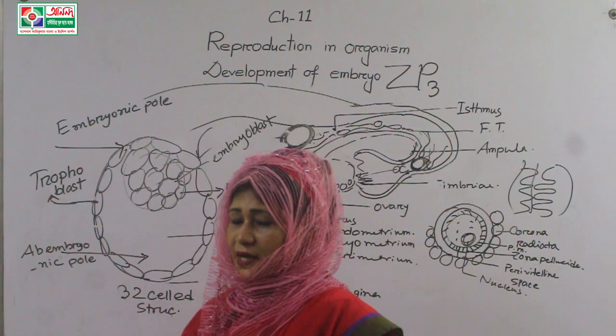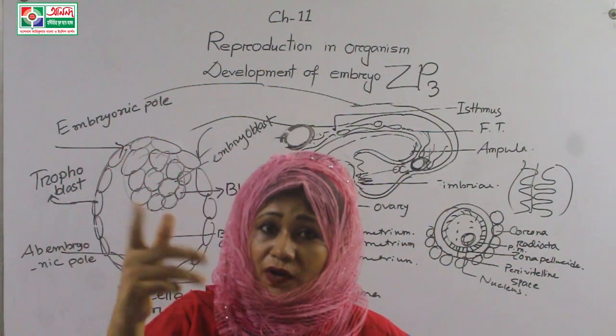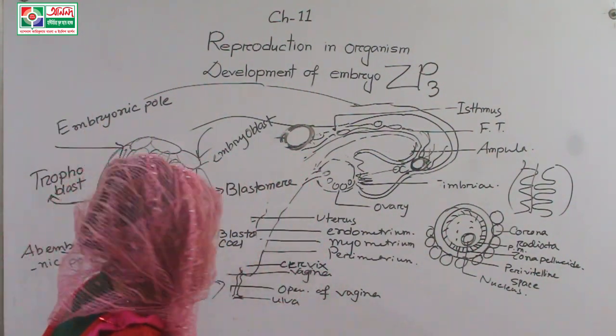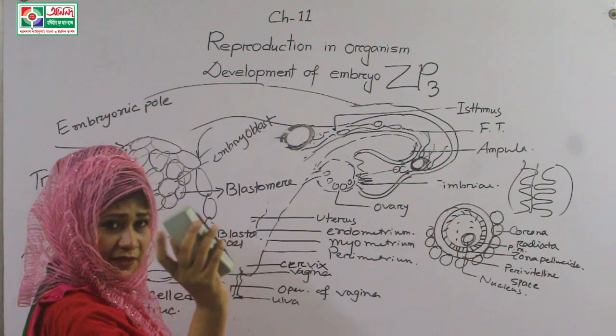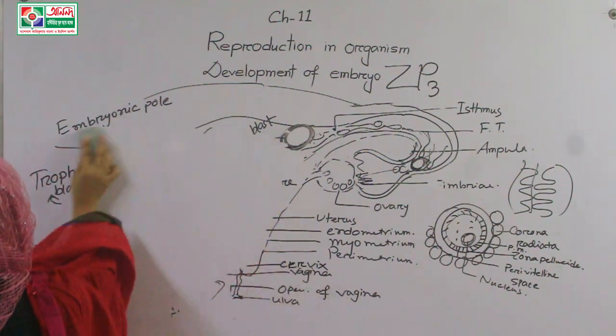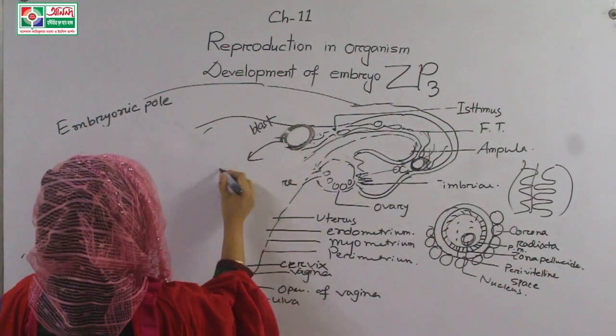After that, the blastocyst goes inside the wall of the body of the uterus. I am erasing now. The blastocyst was here.